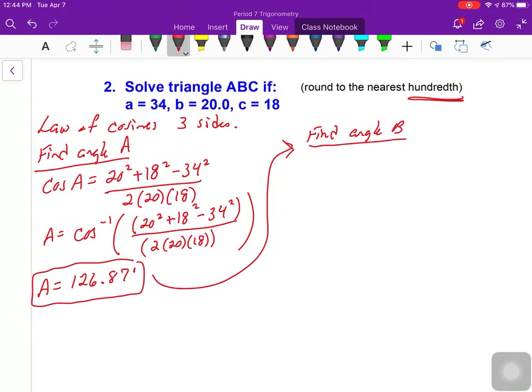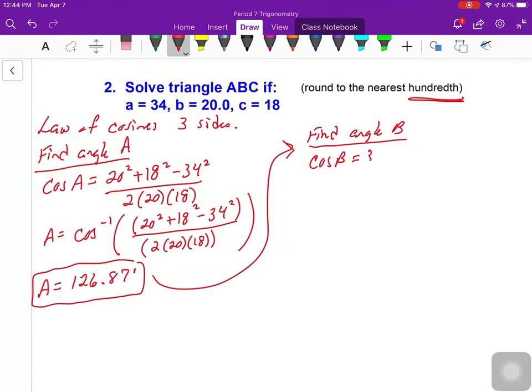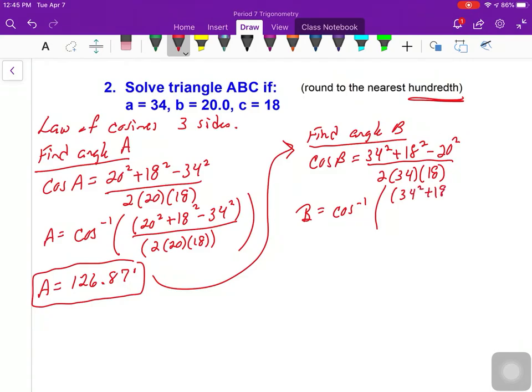Okay, let's go ahead and find angle B. And again, I will stay with the law of cosines. If you start with law of cosines, it's best to stay with law of cosines. So the cosine of B will be equal to a squared plus c squared minus b squared, divided by 2 times a times c. And once again, we're going to use inverse cosine.